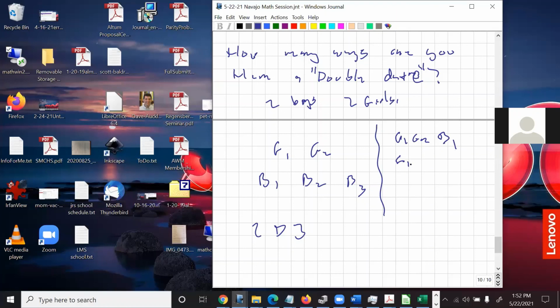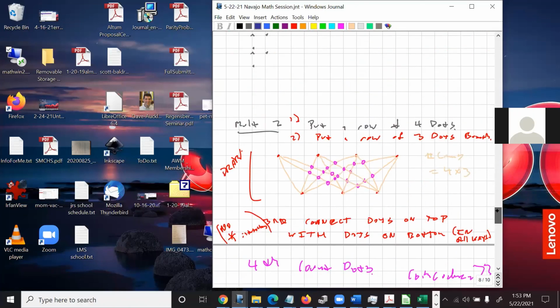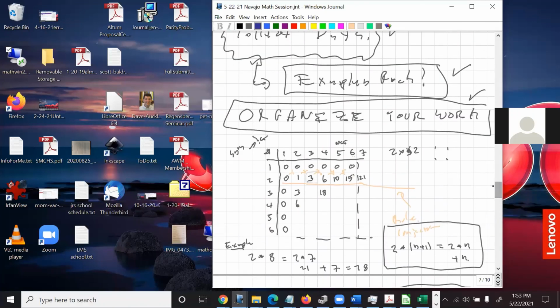You could have girl 1, girl 2, and boy 2. You could have girl 1, girl 2, and boy 3. So it's 3 ways. So 2 date 3 is 3. In our table, we have a 3 here. Is this a coincidence? Yes or no?